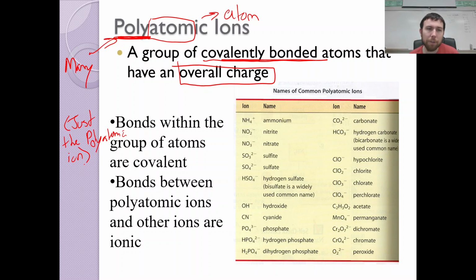So for this first bullet point, for just the polyatomic ion, if you look at the bonds within the polyatomic ion, it's covalent, right? But for the second bullet point, this is when the polyatomic ion is in a compound, right? Polyatomic ions are going to form ionic compounds, okay?